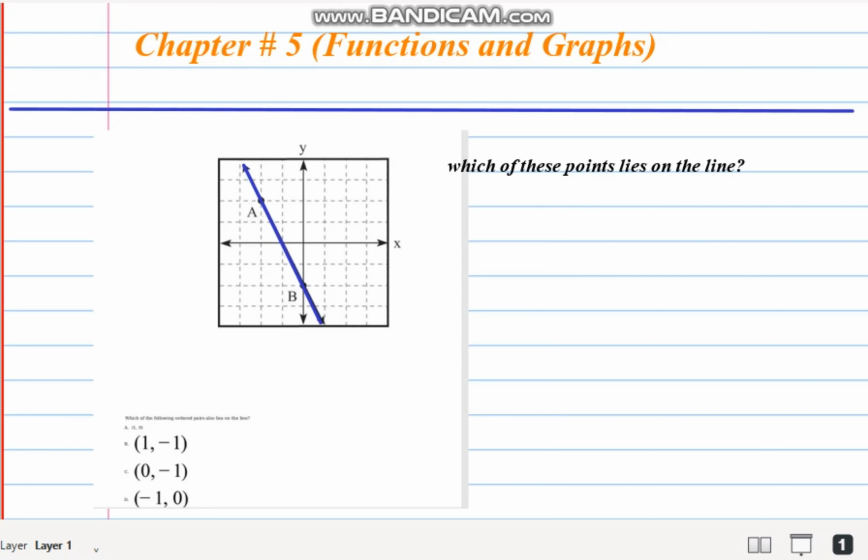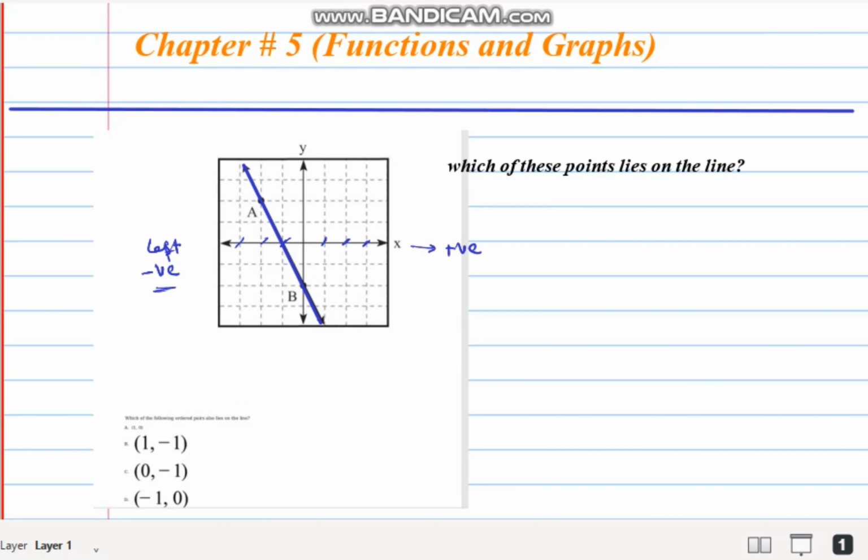Now, dear students, first of all, let me count the divisions. What is meant by the divisions? These are the divisions. This is 1, this is 2, this is 3. This is minus 1, minus 2, minus 3 on the left side. On the left side the numbers are always negative, and on the right side they are positive.